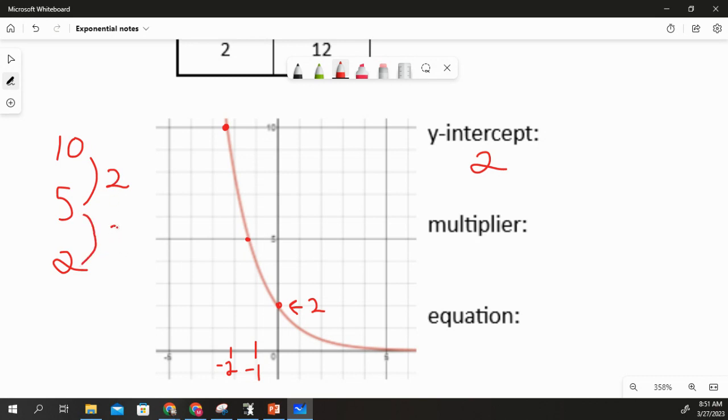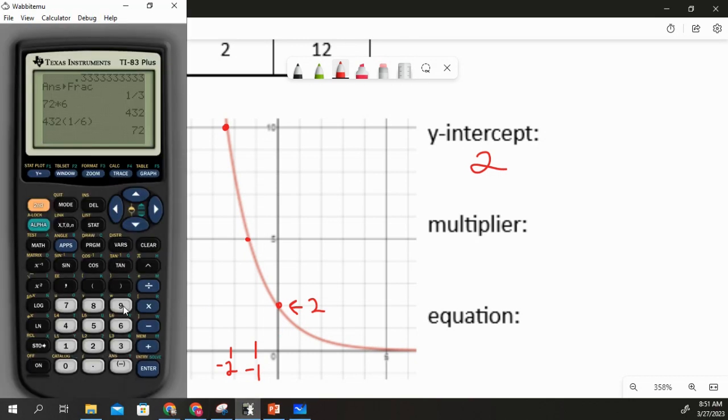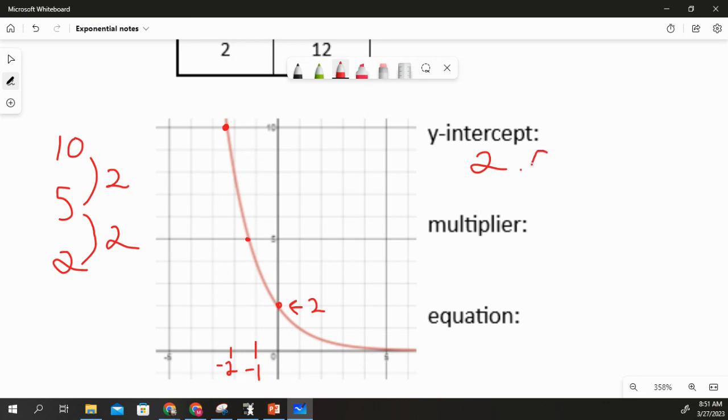So dividing by 2. If we're dividing by 2, that means we just got to clean it up a little bit. 5 divided by 2, 2.5. All right, so let's just call this 2.5. So what we are multiplying by, since we are going down, is 1/2.